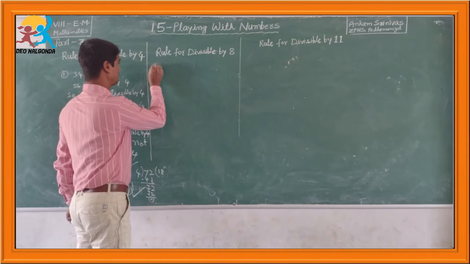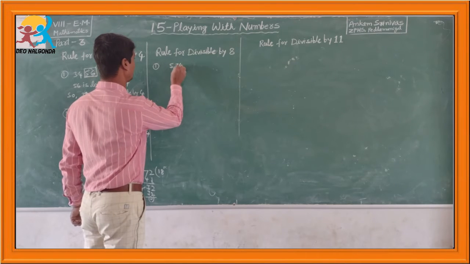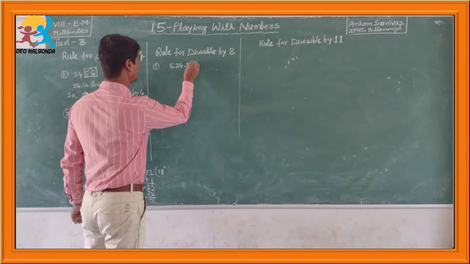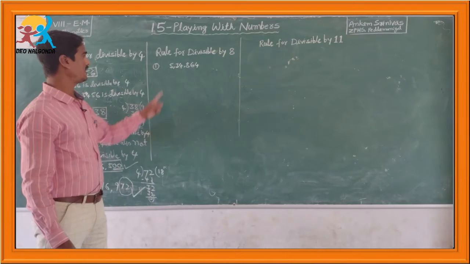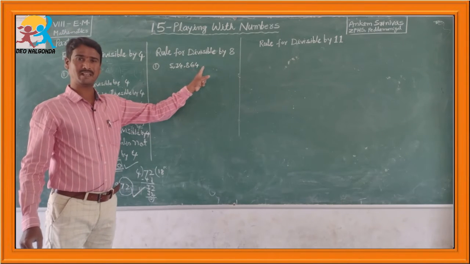Take one example. 5,34,864. Now check whether it is divisible by 8 or not.